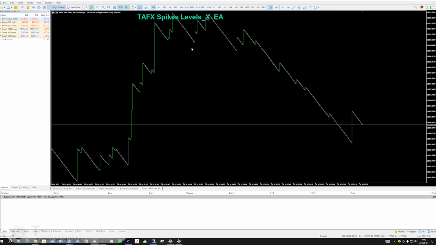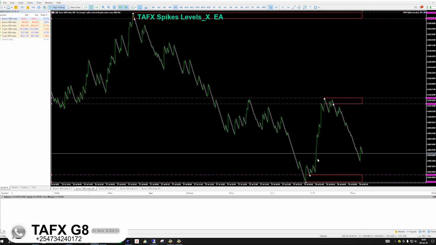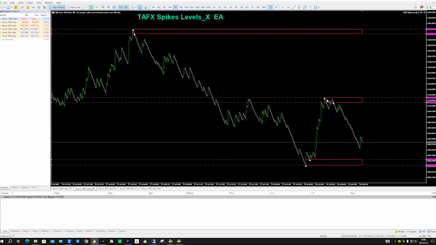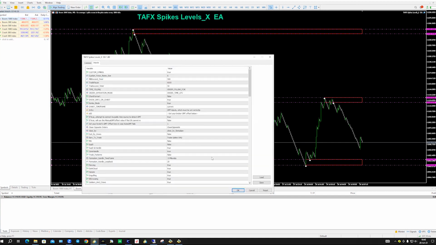This is Boom 1000, and we all know that on all Booms, the spikes are for buys. On Crash, the spikes are for sells. In this EA, if you want to trade both the spike and against the spike, go to our EA and you can select what to trade.